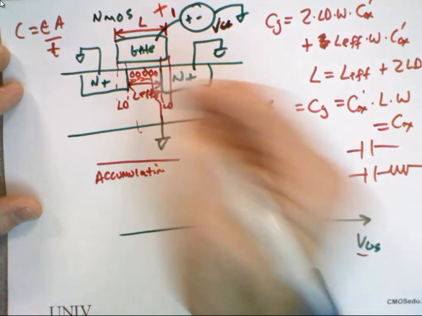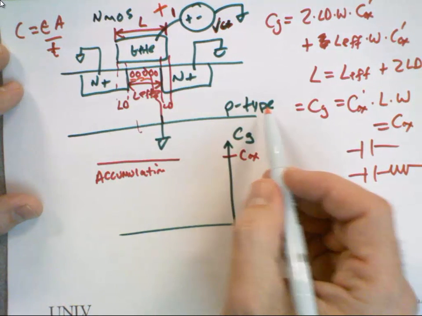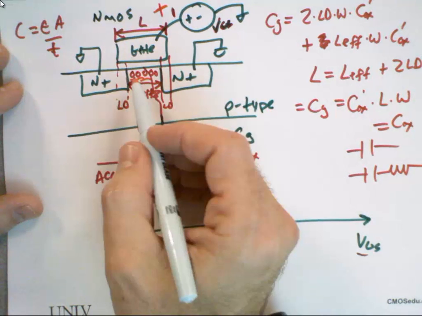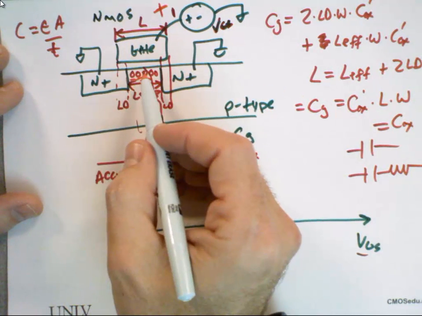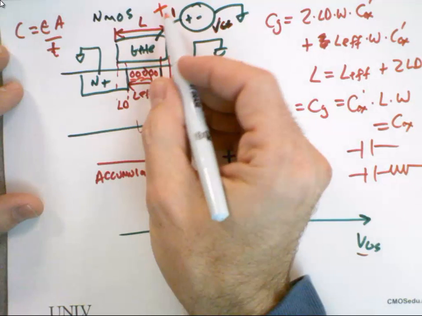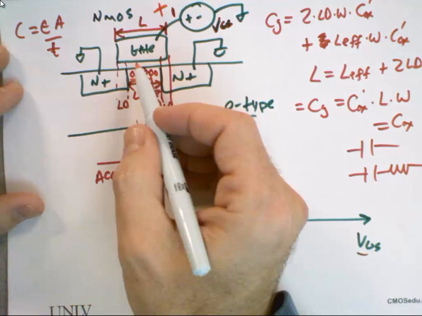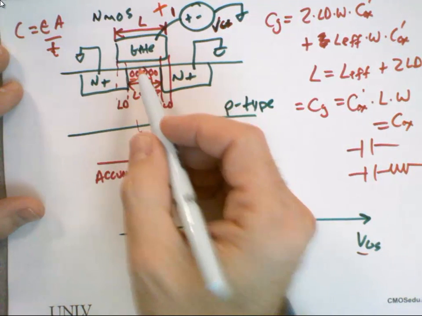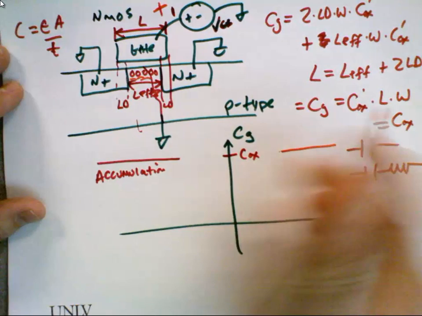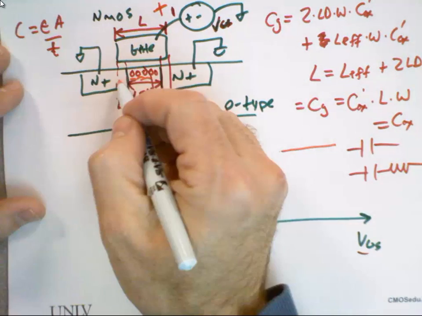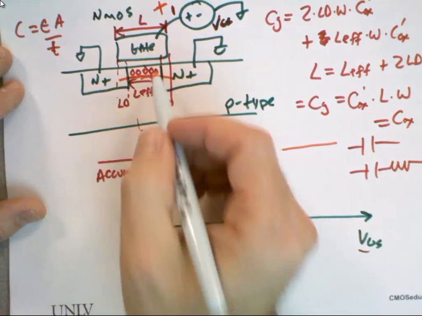But the substrate's p-type. So we change it from p-type to n-type, where we have the electrons. And if we apply a large positive potential, we get a lot of electrons in there. That's called strong inversion. And we can go through the same analysis, except now the source and drain are shorted together through the electrons.